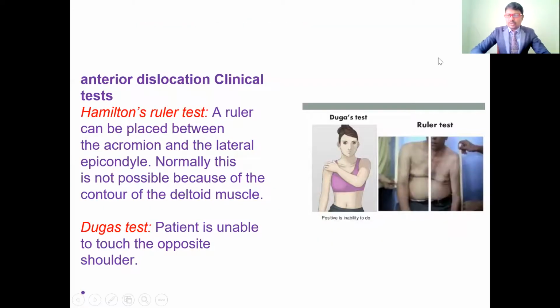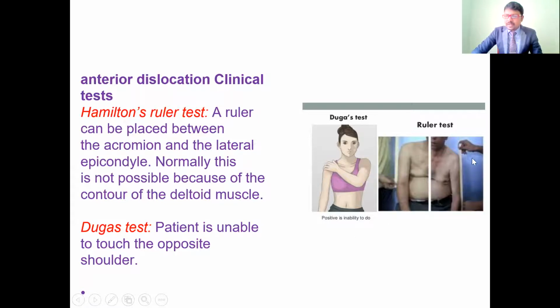For those having shoulder dislocations, we can do some special tests. These special tests, these signs, indicate the shoulder dislocation easily. In the anterior dislocations, the test is the Hamilton ruler test. In the Hamilton ruler test, a ruler is placed between the acromion and the lateral epicondyle.